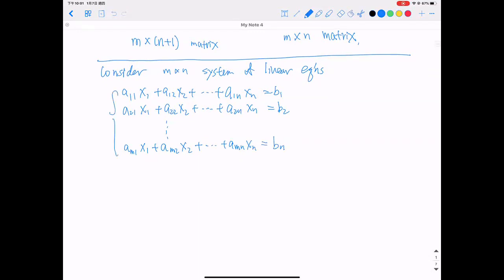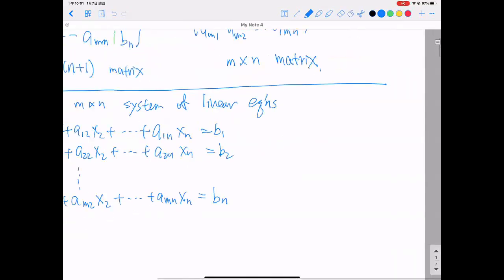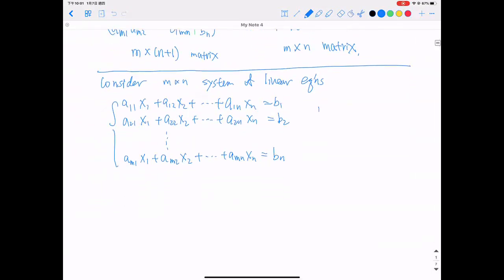So again, we have n variables, x1 through xn, and m equations.